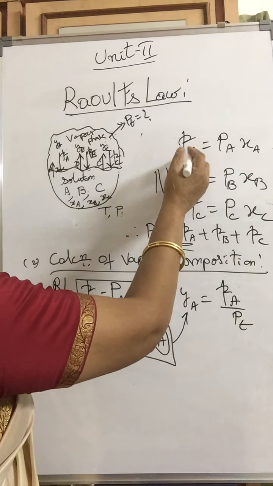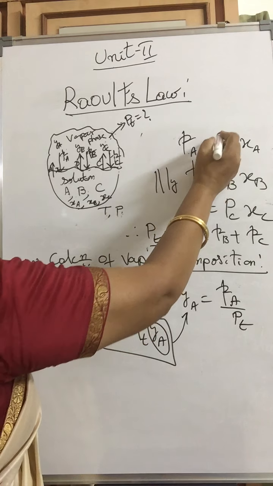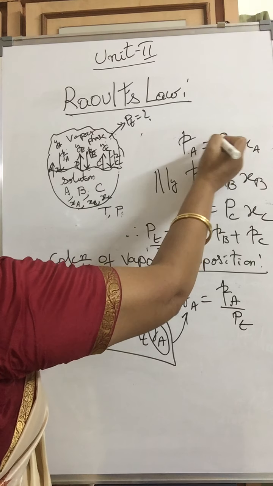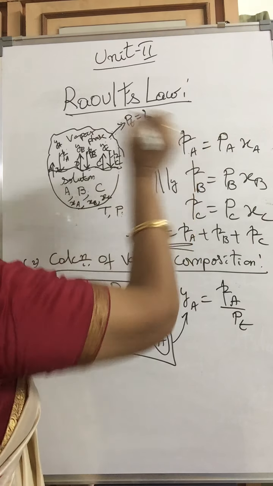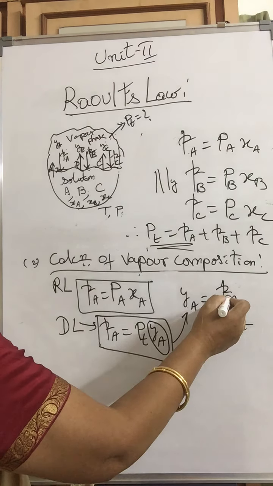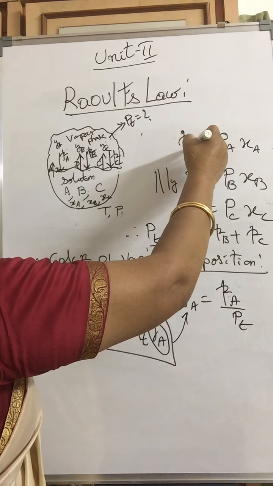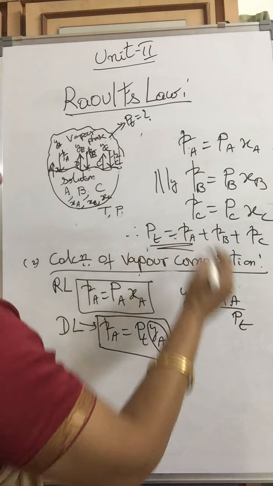So you see the difference between writing of partial pressure and vapor pressure. Here this is capital P. Here this is small p. So we can calculate YA using PA by PT. PA is already calculated and PT is also already calculated.